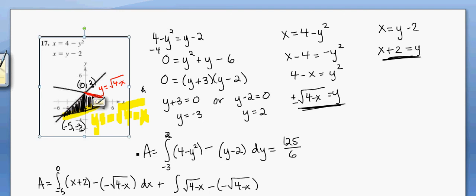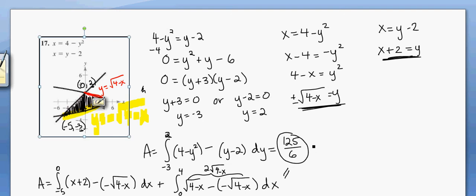Those bounds are from x equals 0 to where we hit the x-axis, which is 4. This is the same as the square root of 4 minus x plus the square root of 4 minus x, so together that's 2 times the square root of 4 minus x. If you take this integral's value plus this integral's value, you get that same value of 125 over 6.